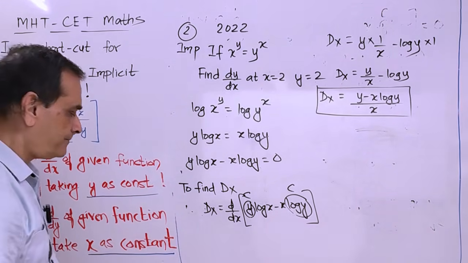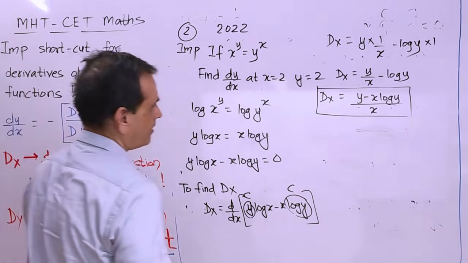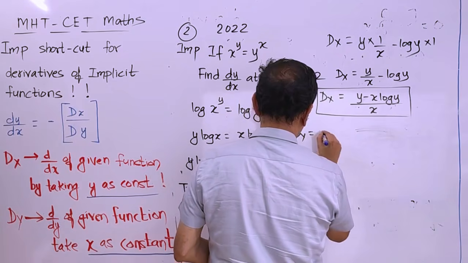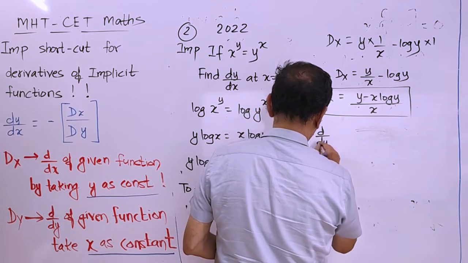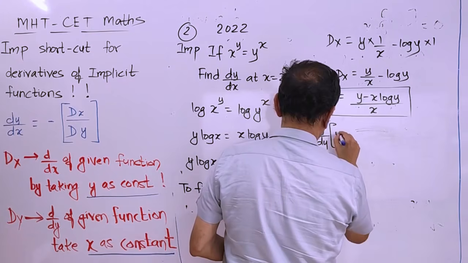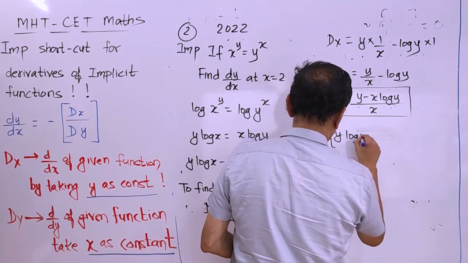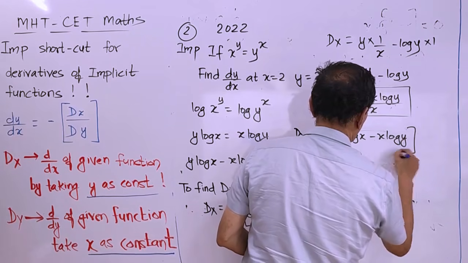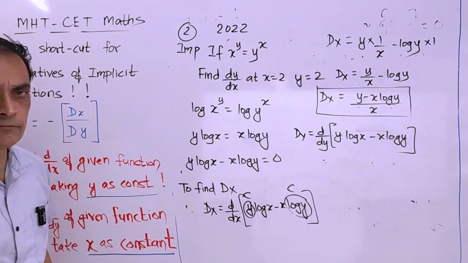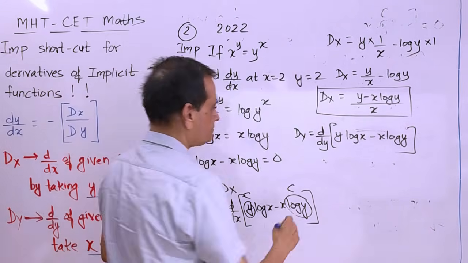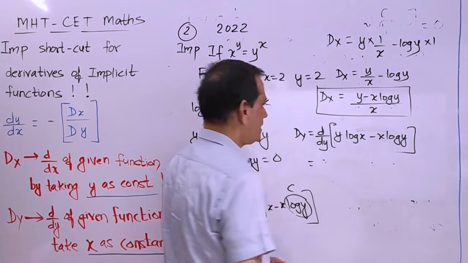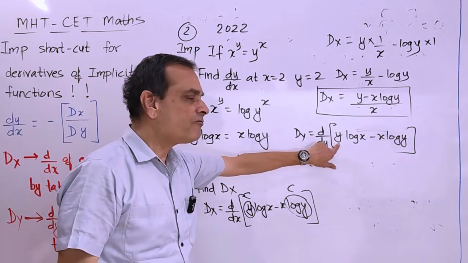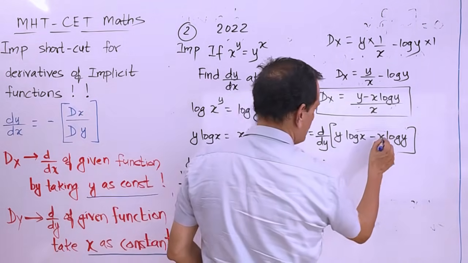To find dy, derivative with respect to y means derivative of y is 1 and x is a constant.